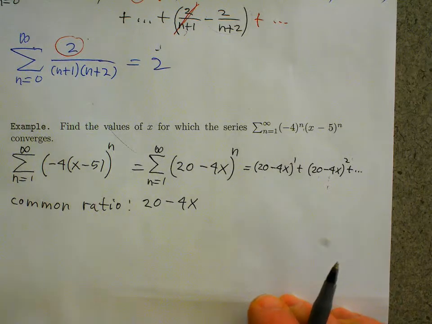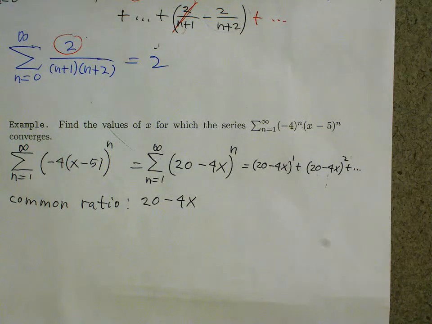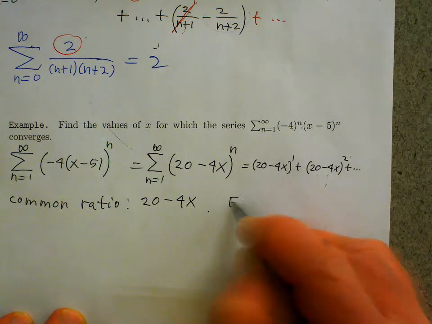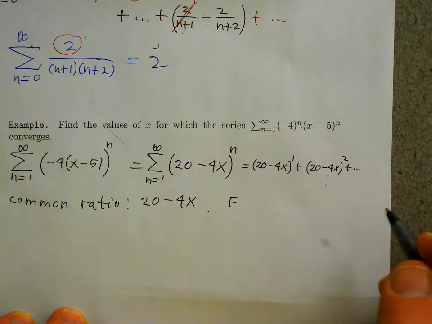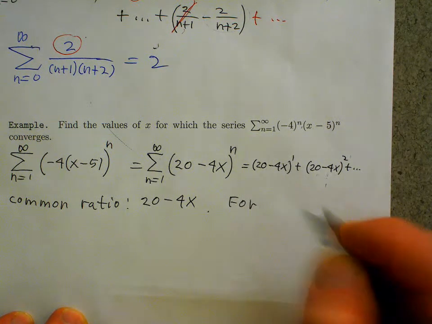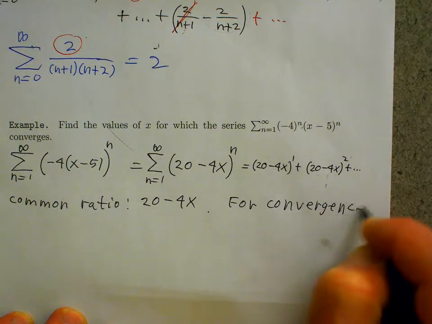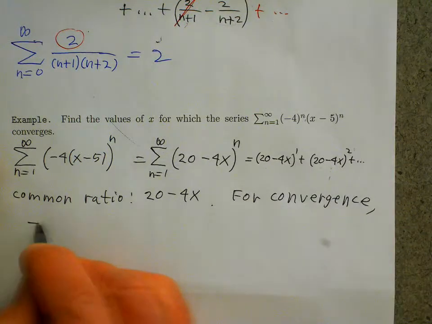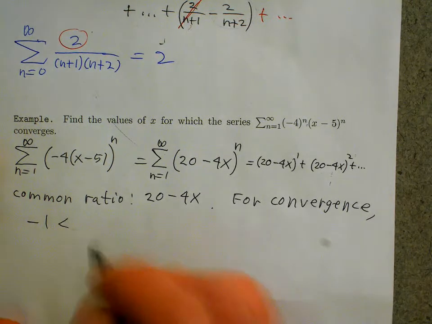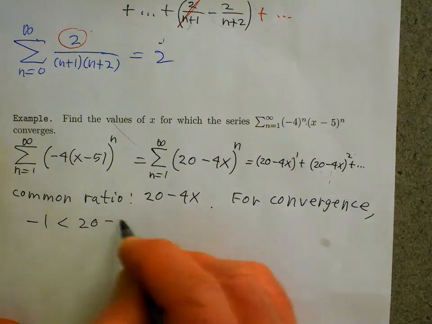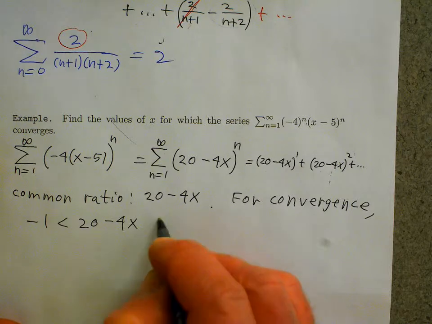And in order for a geometric series to converge, what must be true about the common ratio? It has to be between -1 and 1, right? So for convergence, -1 must be less than the common ratio 20 minus 4x, which must be less than +1.